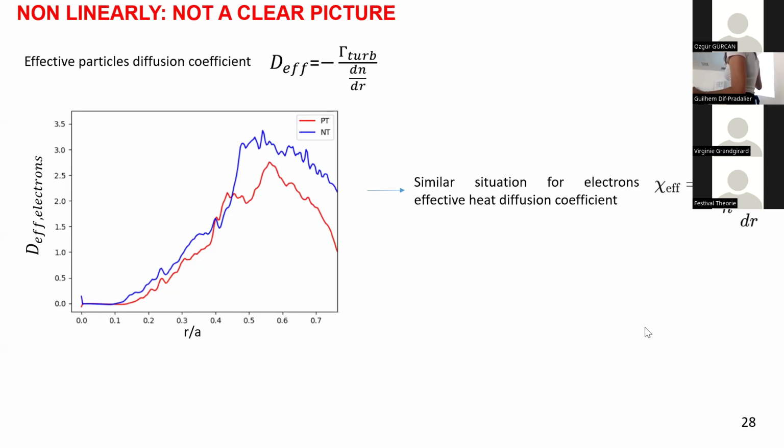The situation is similar for the electron effective heat diffusion coefficient. We look at particles and heat, and it is a bit surprising to us, since we observe higher fluctuations in positive with respect to negative. So this seems to be a bit of a contradiction.